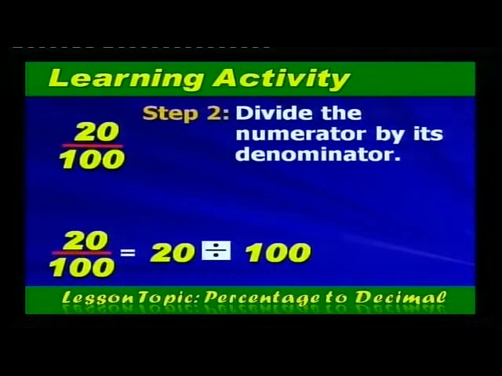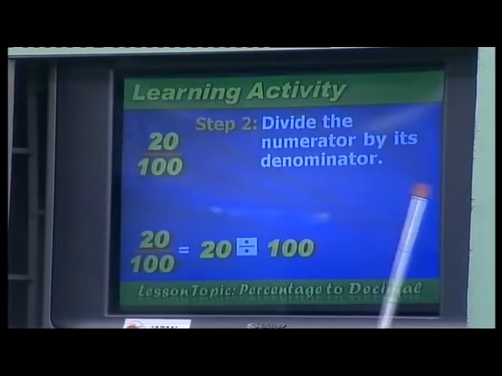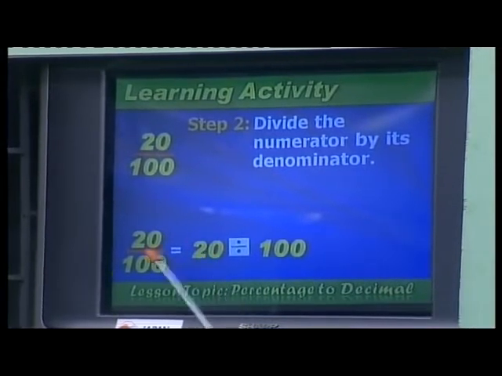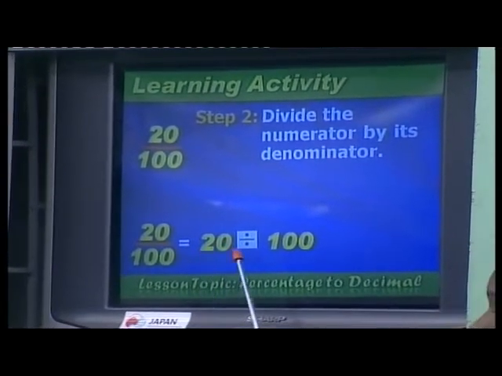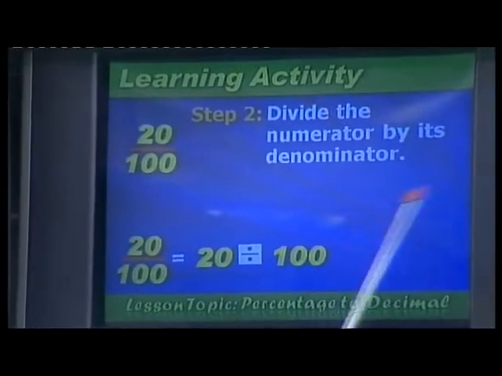So the decimal point is hidden after 0. So when you come across whole numbers, bear in mind that the decimal point is always after the last number in that number. Like for example here we have 20, so the decimal point is after 0.